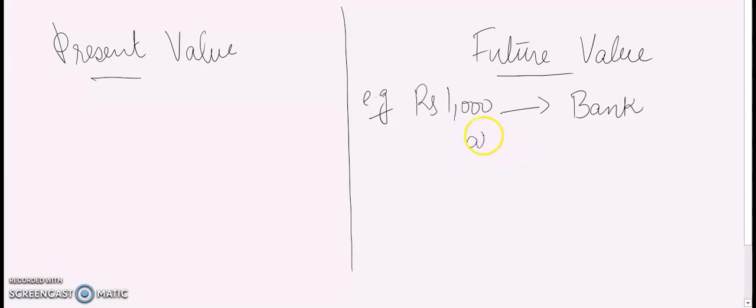Okay, and he gives you a rate. He says you can invest it at 10%. Now you think, okay, 10%, right, fine, but for how much time? So you decide to invest it for 3 years.